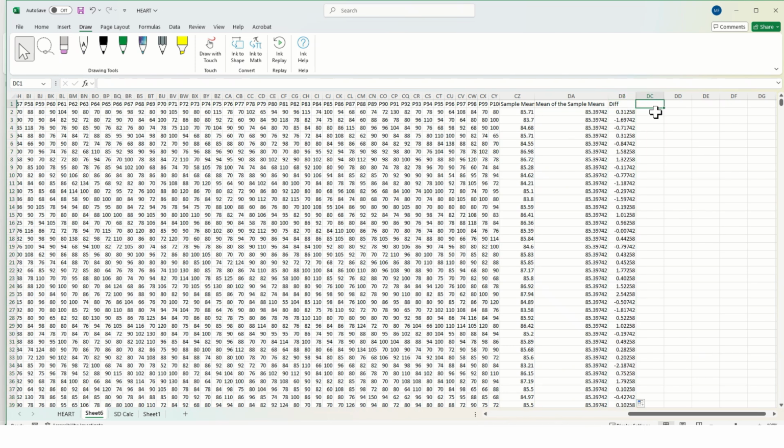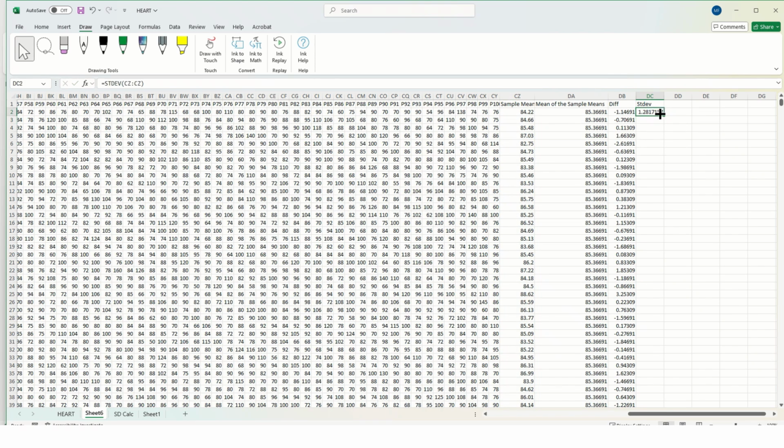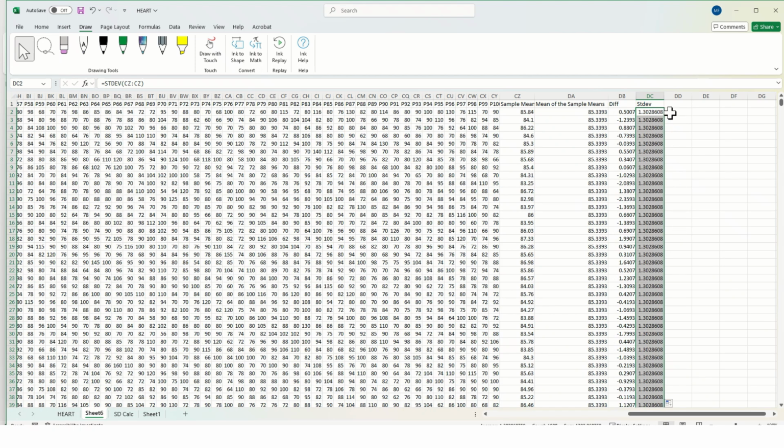Next, I'm going to calculate the standard deviation by formula, which is equals standard deviation of the sample means. It is 1.28, and I'm going to enter all these values in the cells below.